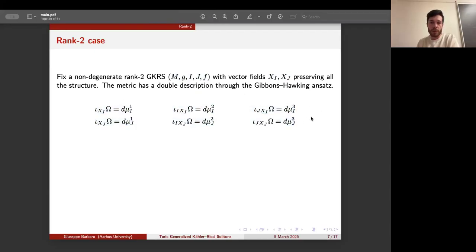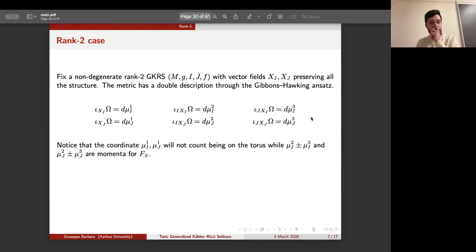And we cook up all these moment coordinates. Now, an important thing, a little bit technical: this moment coordinate here, mu1, will not really count, because if you look at the description with respect to this vector field xi, these coordinates will be on the torus, on the S1 of the other vector field xj, and vice versa.